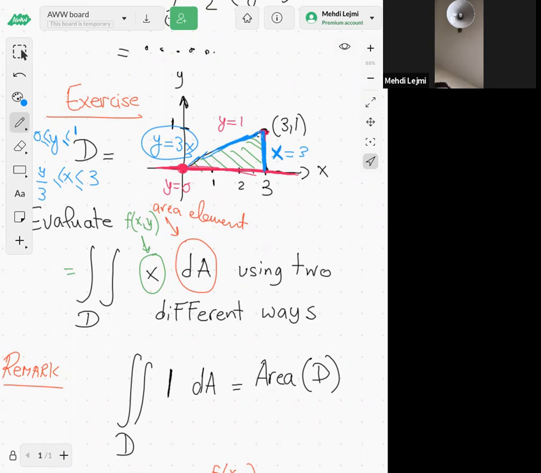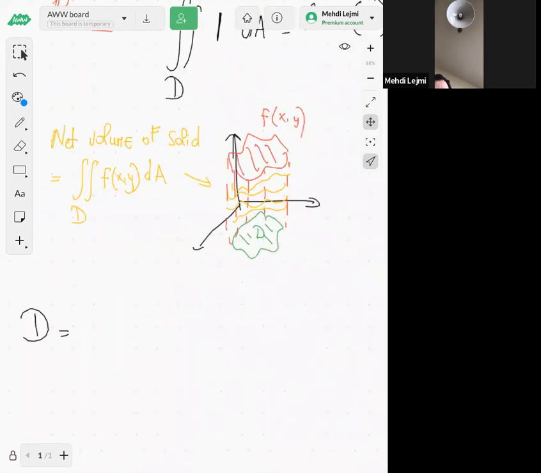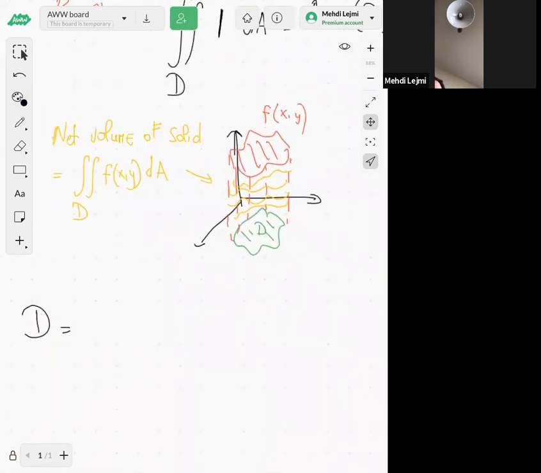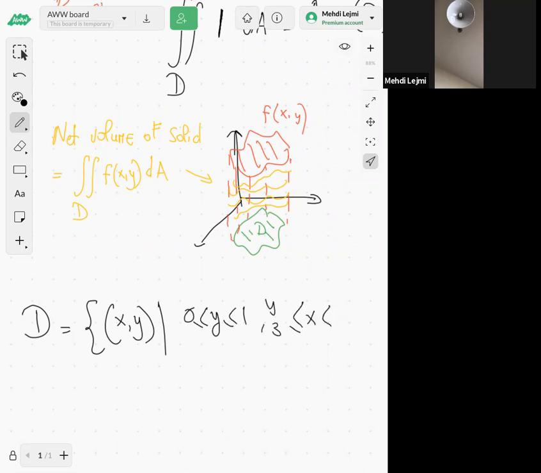So all you have to do now is to integrate. D can be described as the set of points with Y between 0 and 1, and X between Y over 3 and 3.